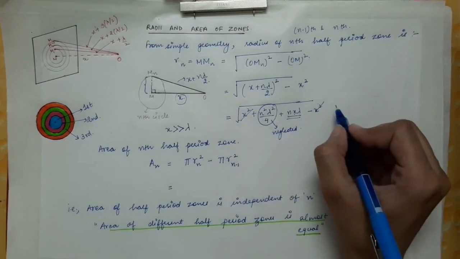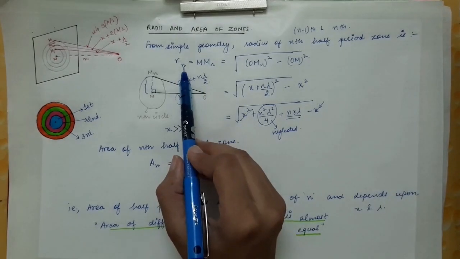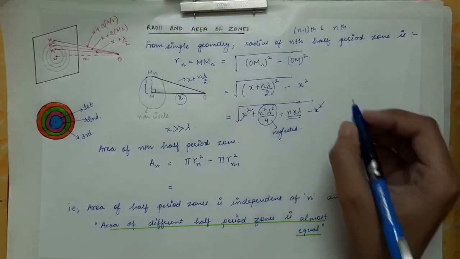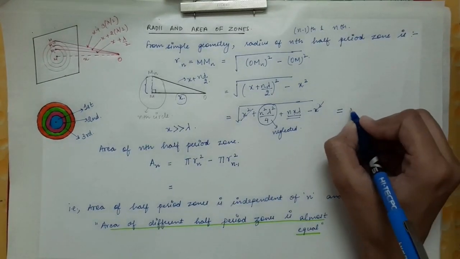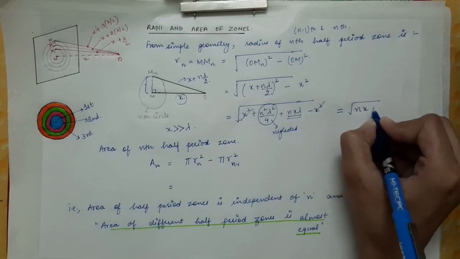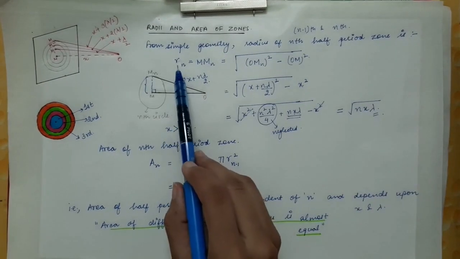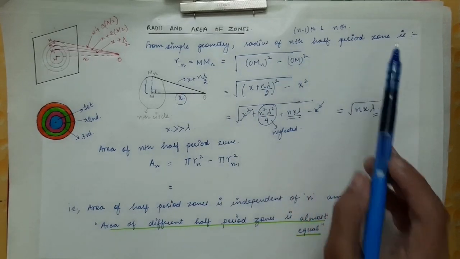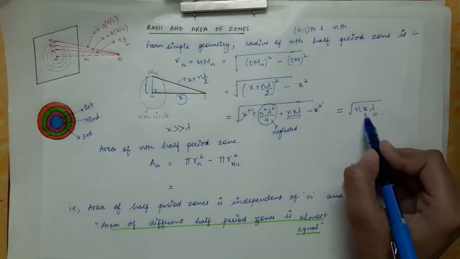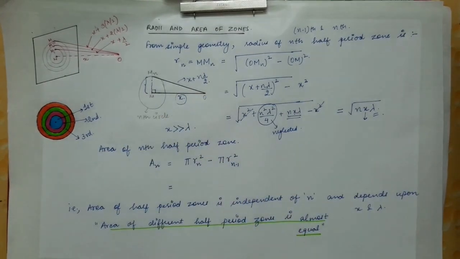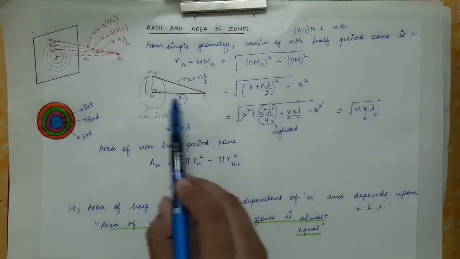So this will be approximately the radius of the nth circle, or you can say the radius of the nth half period zone. It will be approximately equal to under root of nx lambda. So this is the final result for the radius of the nth half period zone, and you can see that x is constant. The observation point is kept at a constant distance from the wavefront or from the obstacle.